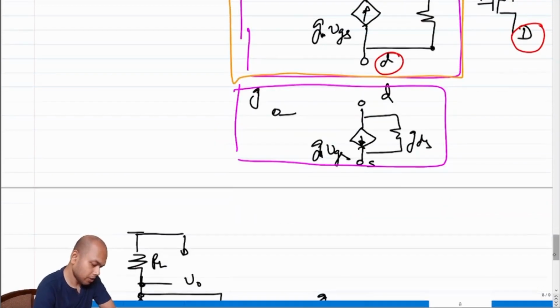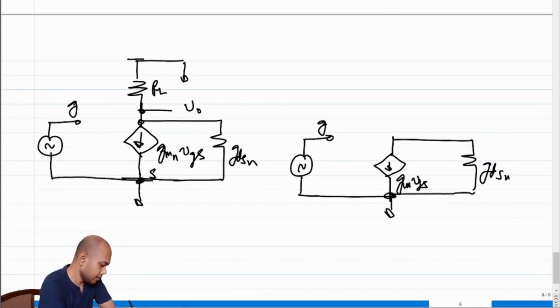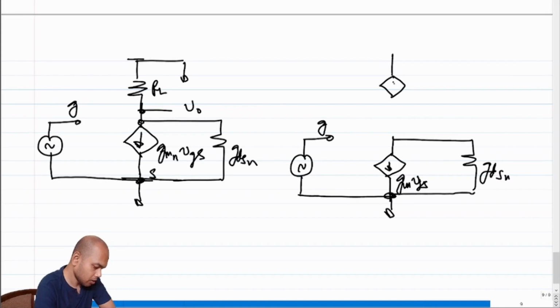right? So what do we get? This is gate. This is the gate of the PMOS. Let me call this gp. This is vgs.